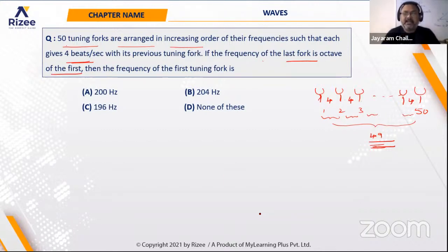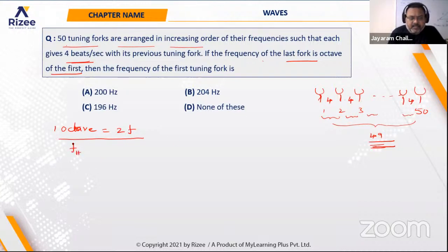Octave is a word that is used in musical terminology. One octave is nothing but 2 times your fundamental frequency or basic frequency. So here what he has given is that the higher frequency is equal to 2 times the lowest frequency.